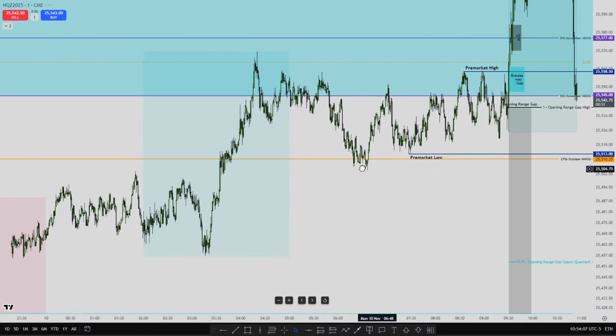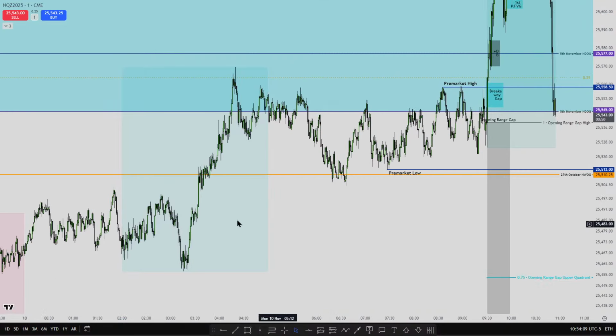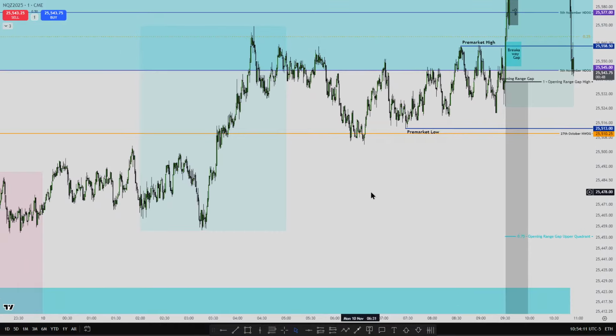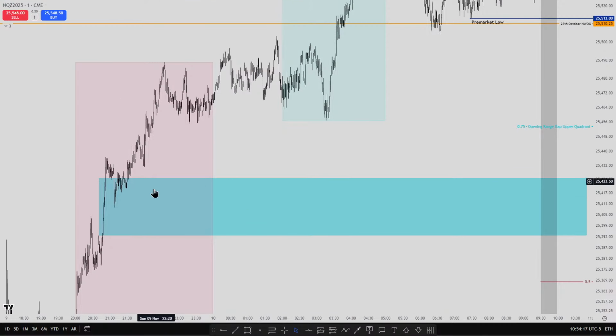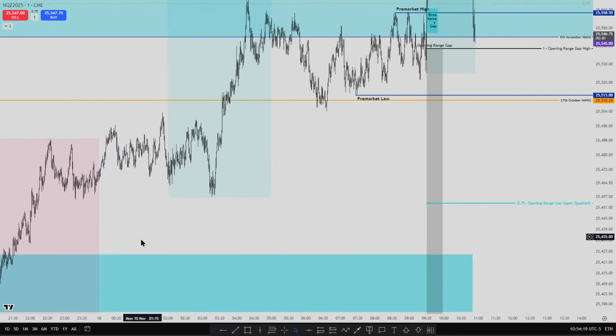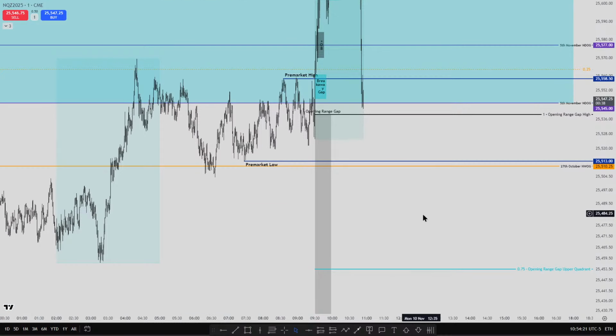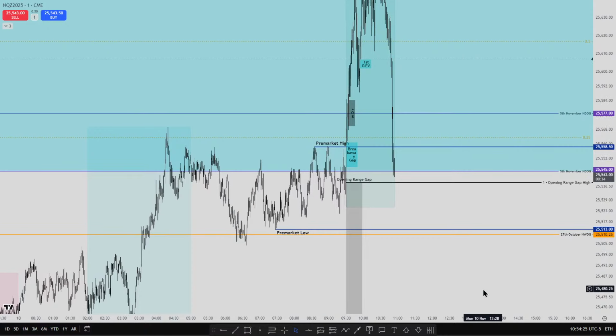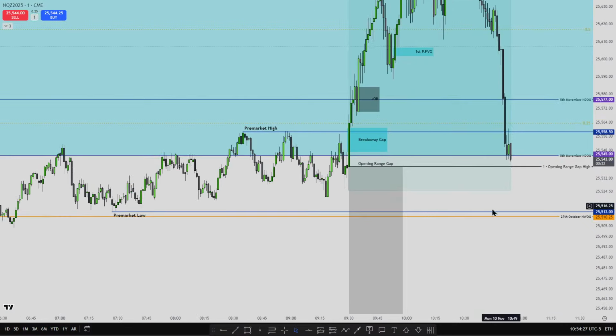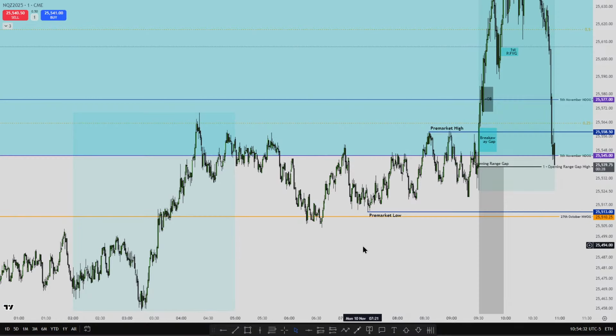Then this low, and then inefficiencies within London can potentially provide support. If not, maybe lunch will take this, and then eventually we'll see something in the Asian fair value gaps. Maybe. Not that I'm predicting, but the only thing I'm predicting is the pre-market low gets taken. Beyond that, I have nothing.